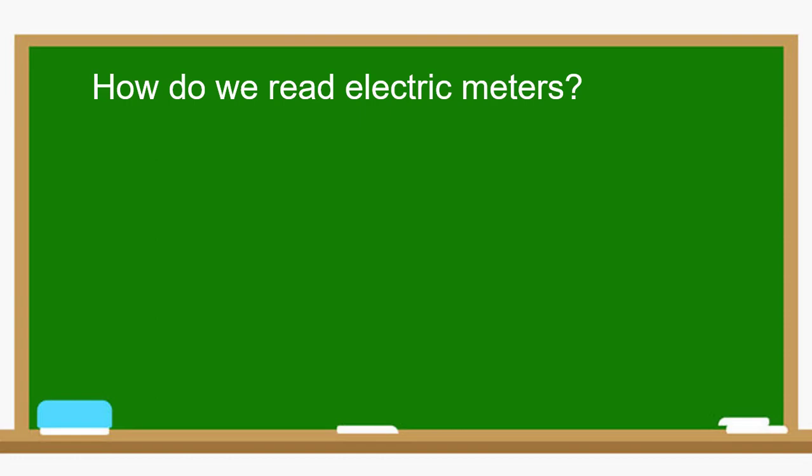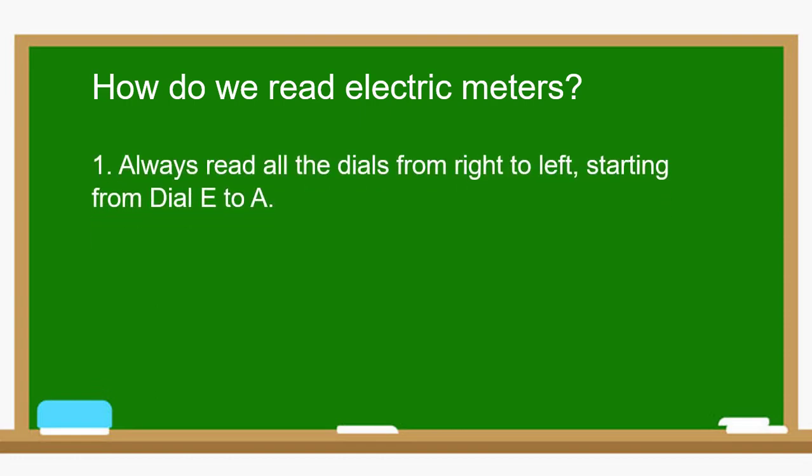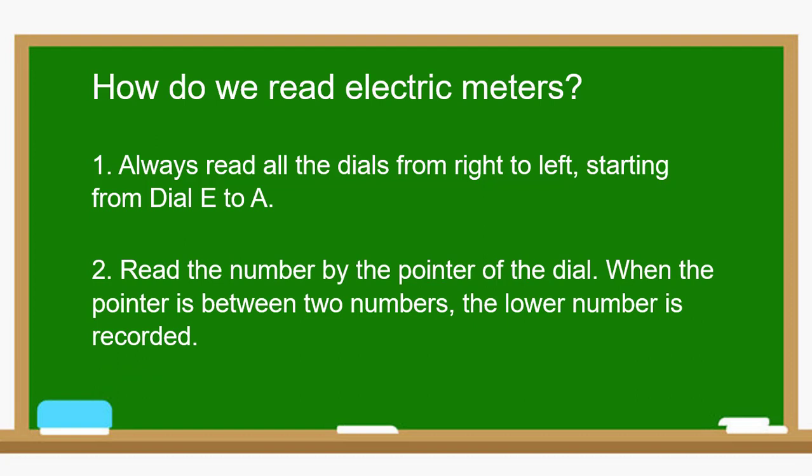How do we read electric meters? Number 1, always read all the dials from right to left, starting from dial E to dial A. Number 2, read the number by the pointer of the dial. When the pointer is between two numbers, the lower number is recorded.